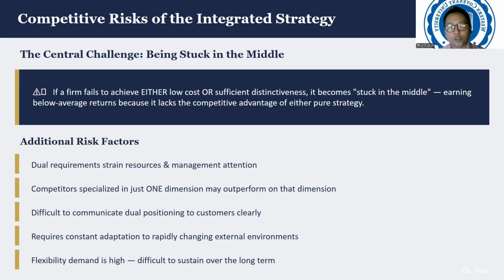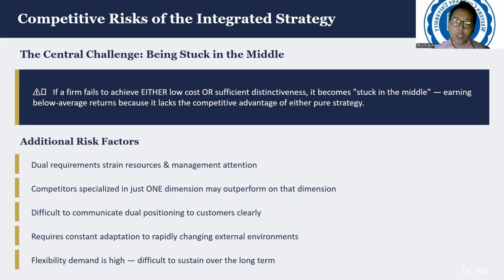The integrated strategy requires a sustained organizational flexibility. You need flexible manufacturing to keep costs down while offering variety. You need information networks such as CRM, customer relationship management, to know what customers truly value.